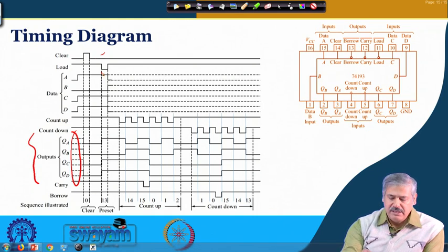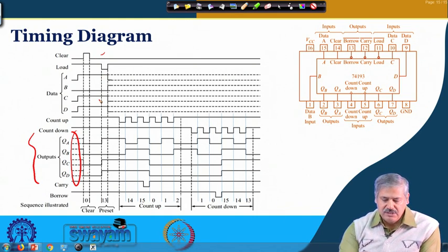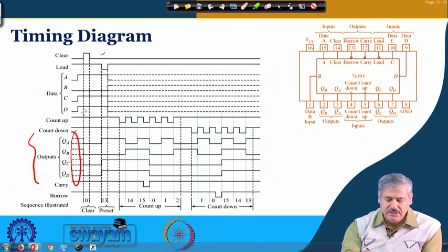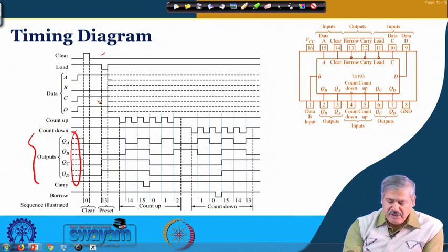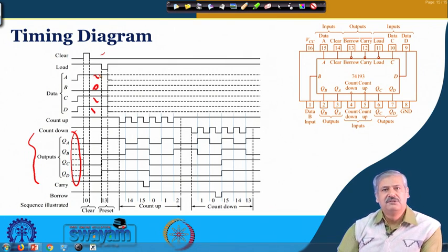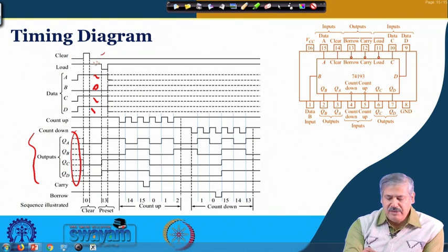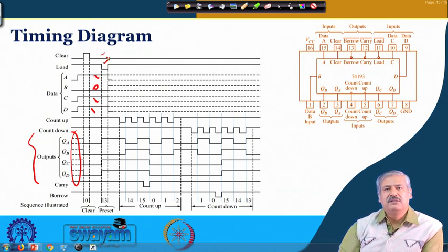In A, B, C, D, these are the data inputs. At the input you are putting a value: D is 1, C is 1, B is 0 and A is 1. Whenever you give load, which is active low, and make it low, what will happen? Earlier it was remaining cleared.